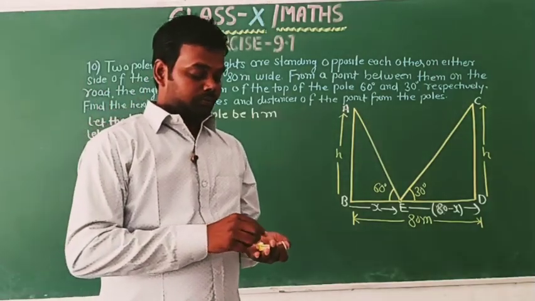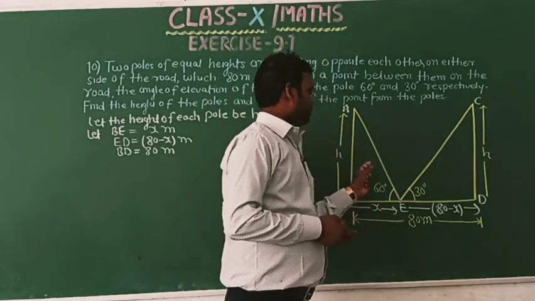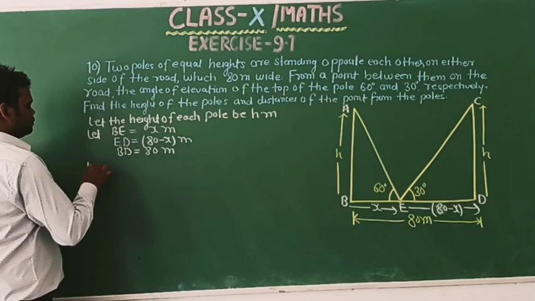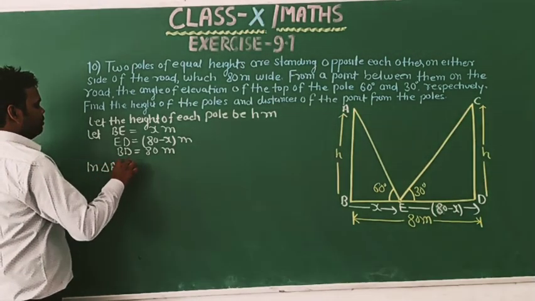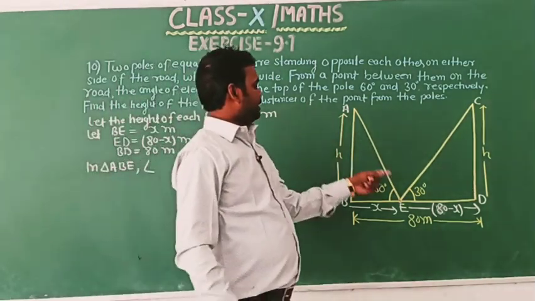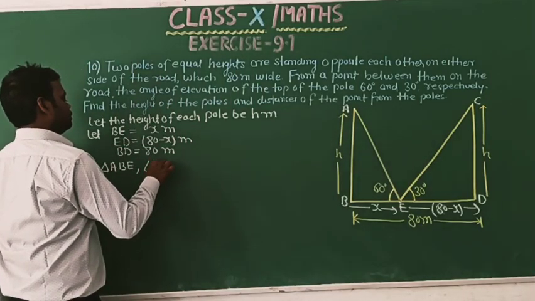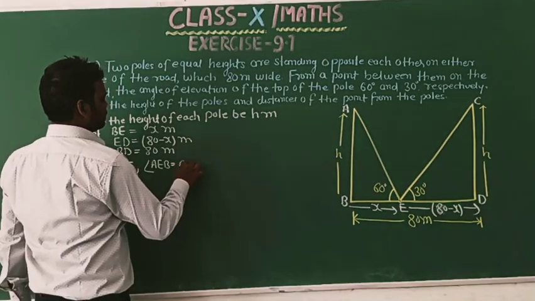So now consider right angle triangle ABE. In right angle triangle ABE, angle AEB is 60 degree.